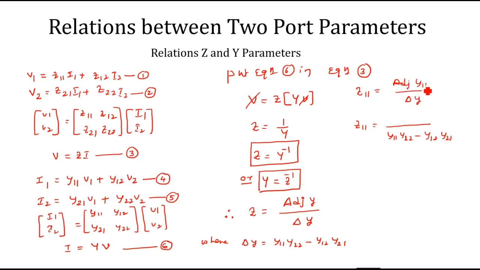What is adjoint of Y11? It is the cofactor of Y11. The transpose of the cofactor of a matrix is the adjoint. So adjoint of Y11 equals minus 1 raised to i plus j into Y22.